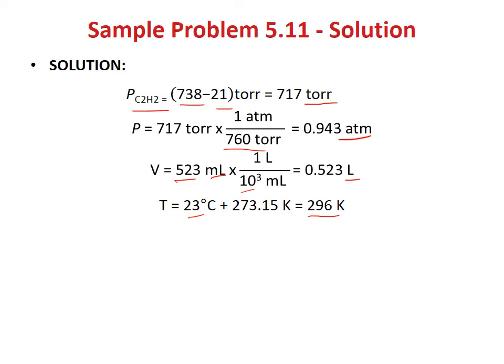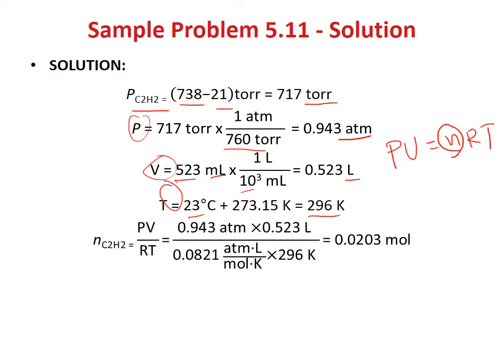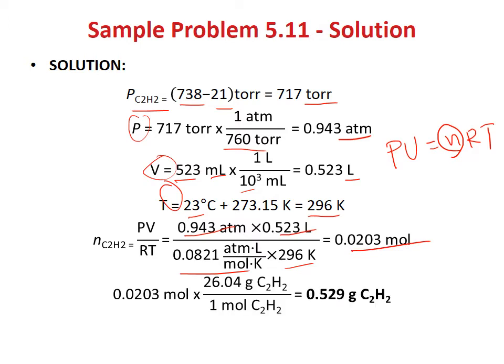Now we have pressure, volume, and temperature. Using PV equals nRT, n can be calculated by PV divided by RT. So this is pressure, volume, temperature, and R is 0.0821. That's the number of moles collected in the tube. And then multiplying by the molar mass gives you grams. The answer is 0.529 grams.